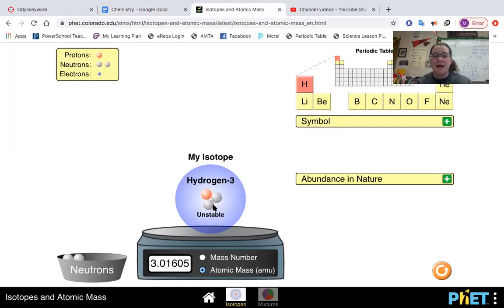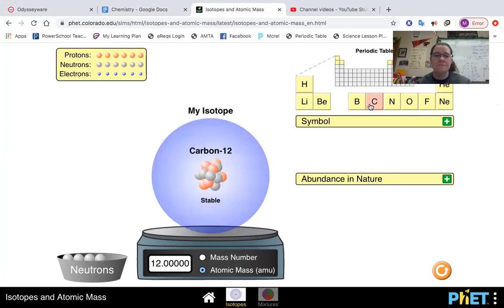I could look at this with other elements. If I was looking at carbon, carbon has 6 protons and 6 neutrons. 6 plus 6 is 12, so the mass number of this would be 12, and so this is carbon 12. If I added another neutron, it would be carbon 13, because now I have 6 plus 7. If I added another one, carbon 14.